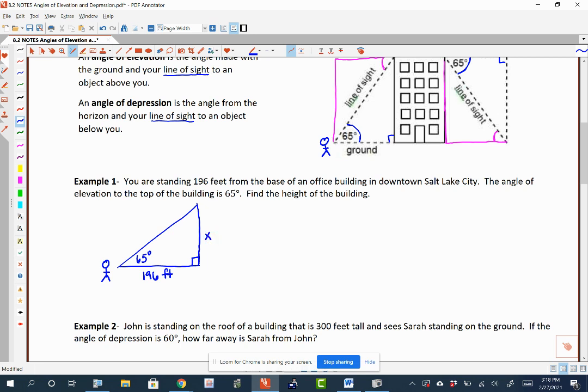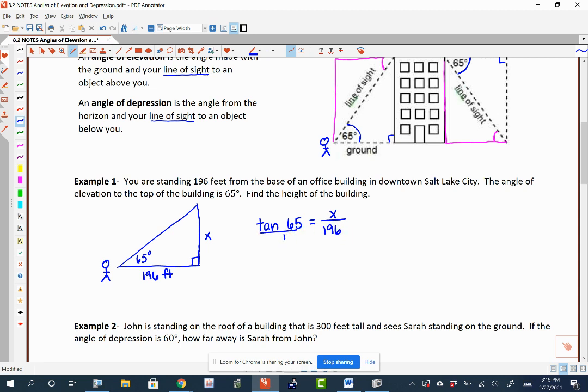We solved problems like this yesterday and in the warm-up, where we look at our angle and try to decide which trig function to use. So we are trying to find the opposite, and we've been given the adjacent, which tells me to use my tangent function. Tangent of my angle is equal to opposite over adjacent.